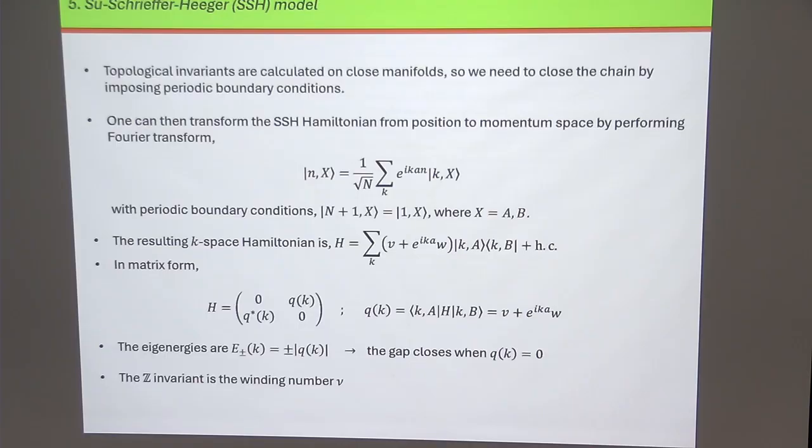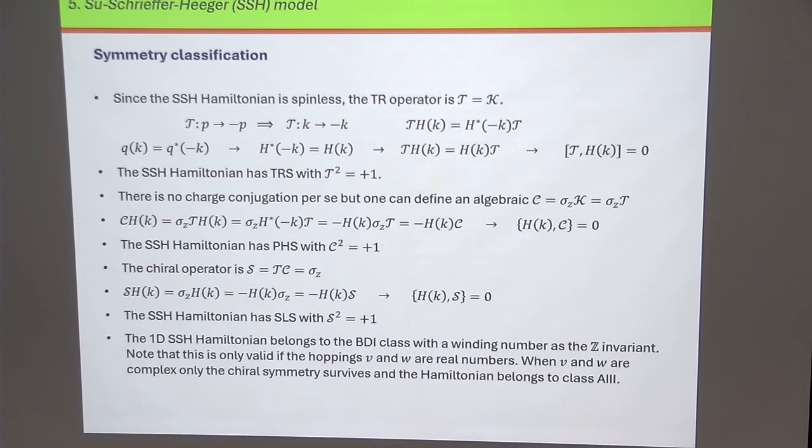So, any question before entering the winding number? If you want to do this in the real physical meaning, it won't be in BD1, because it doesn't really have this physical particle hole symmetry. It doesn't have real particle hole symmetry, and also doesn't have real chiral symmetry, because it comes from this.